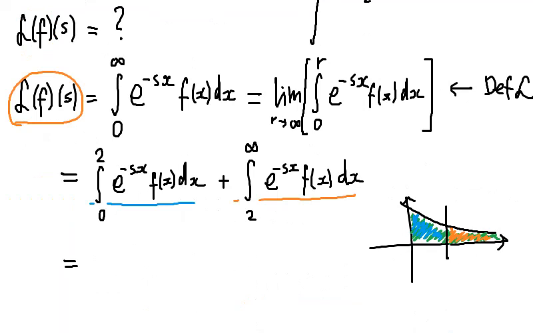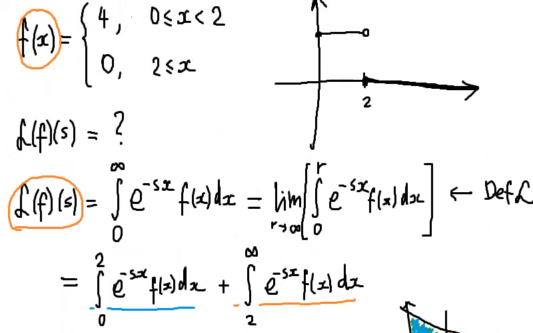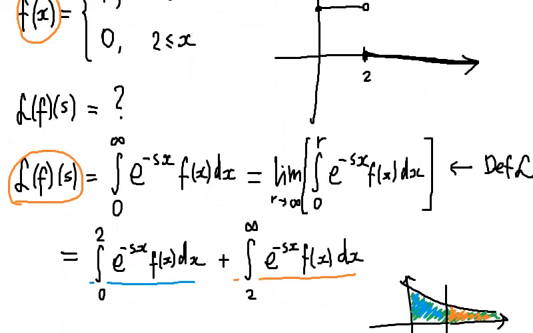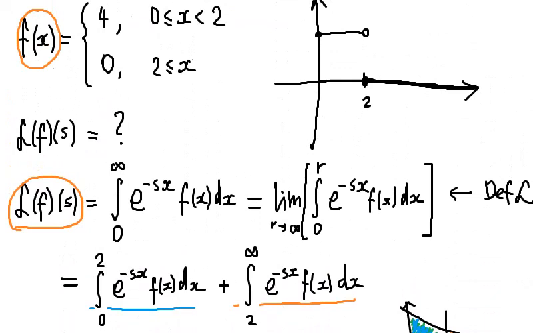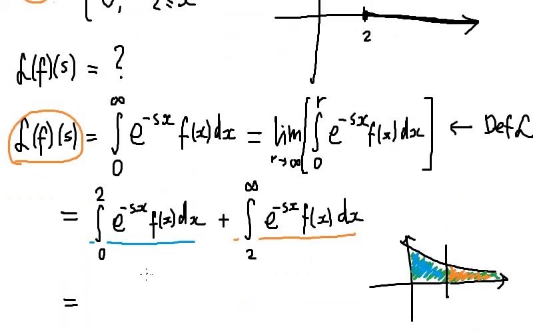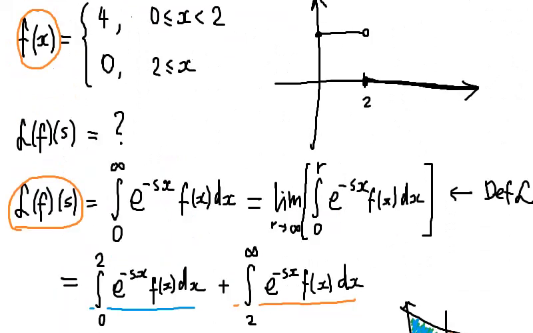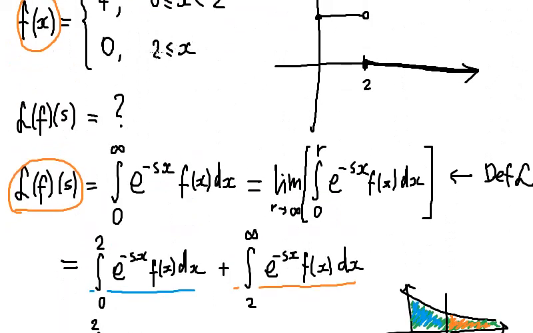So what we can do now is to substitute f, because you see in the first integral here, the blue integral, x can only be between 0 and 2, and when x is between 0 and 2, f of x is 4 always, irrespective of the specific x. So now we can rewrite this integral with a specific value for f of x, which would be 4, and then for the other integral, when x is bigger or equal to 2, f of x is 0.